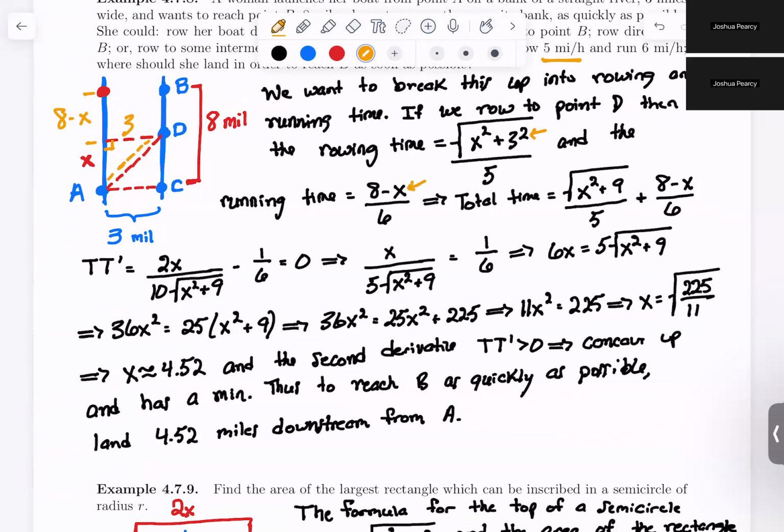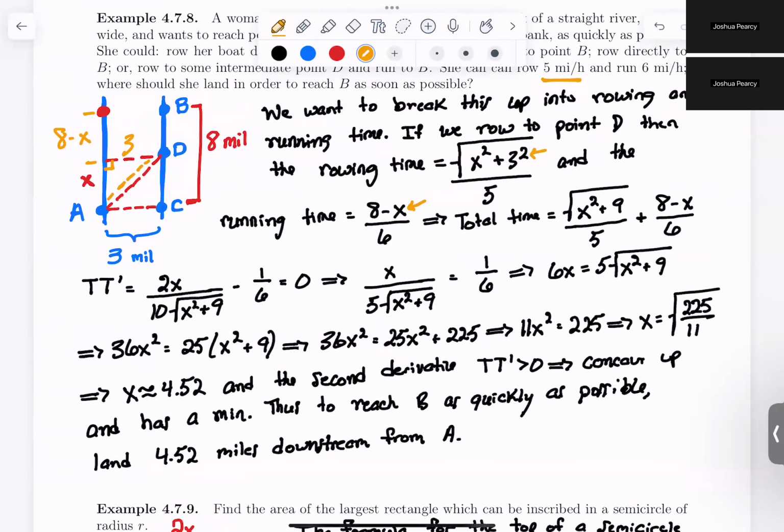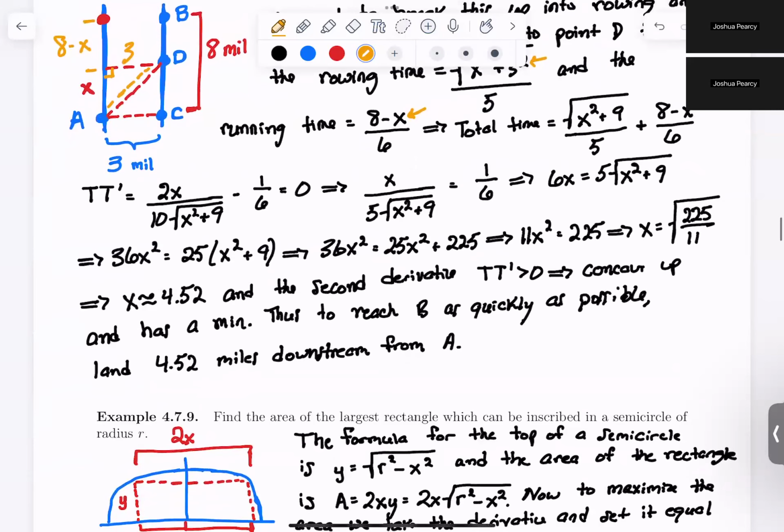And then if I want to find the time that she's going to spend running, I take that distance of 8 minus x and divide it by 6. So now I have the rowing time and the running time, and I can find the total time she's going to spend. All I do is take not the difference, but the sum of the running time and the rowing time. And if I do that, I get this total time right here.